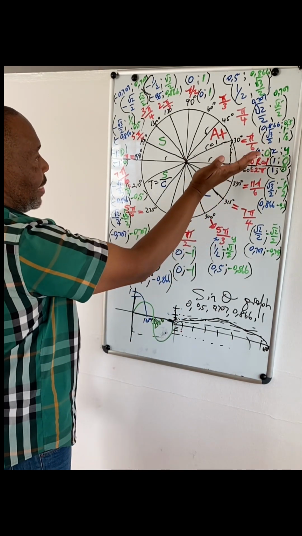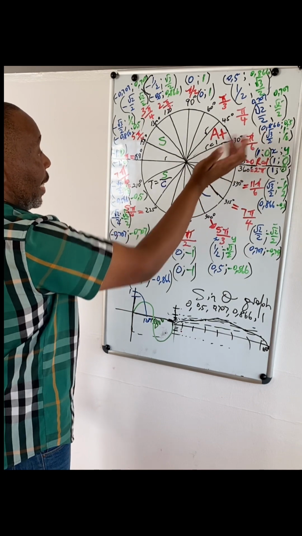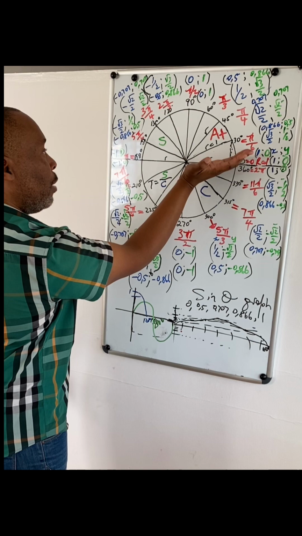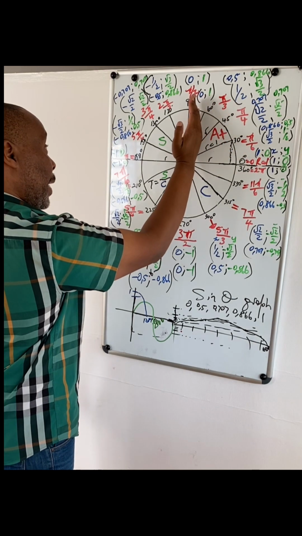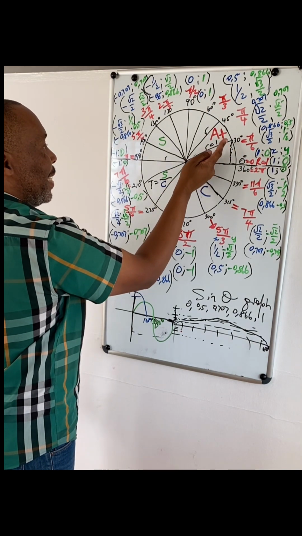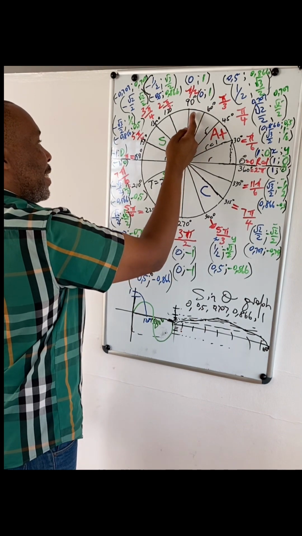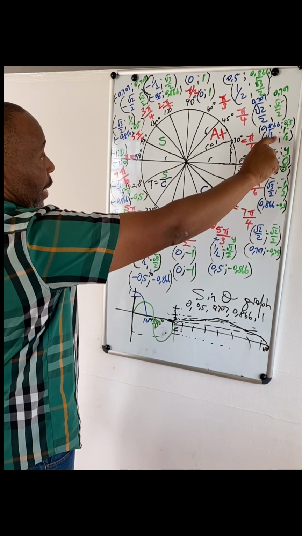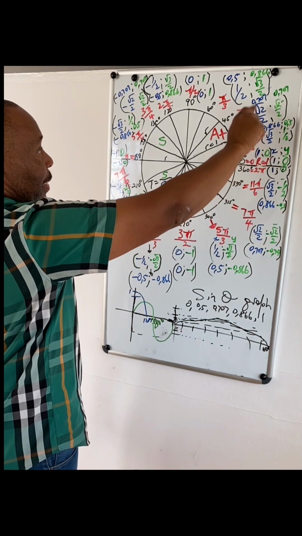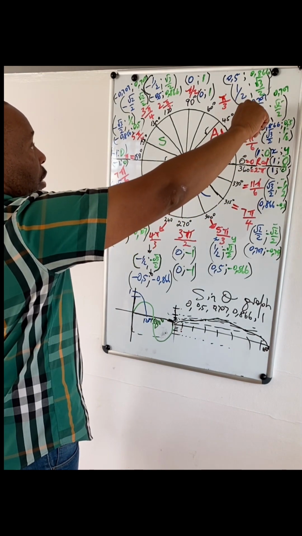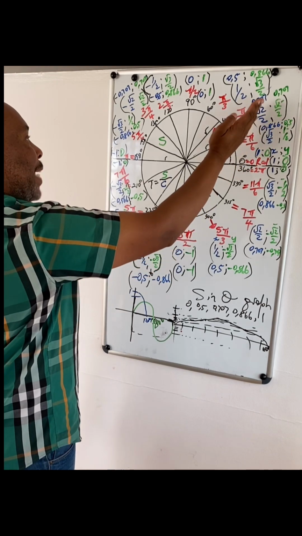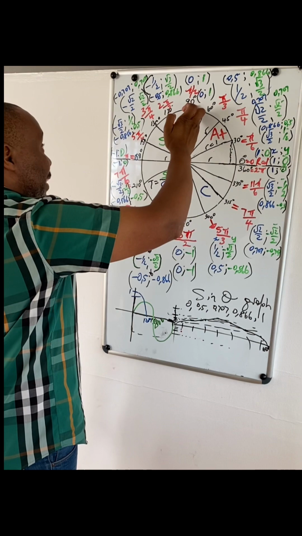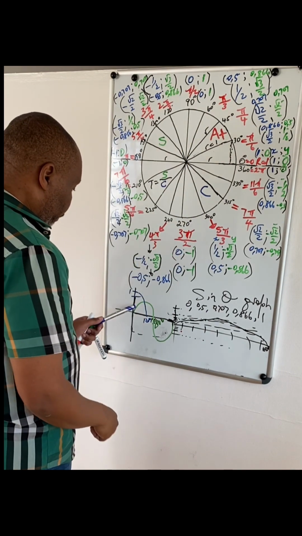It becomes less and less, until it gets to 0. If you look at these figures, √3 over 2, 0.866, 0.707, 0.5, it's going down until it gets to 90 degrees, which is 0.